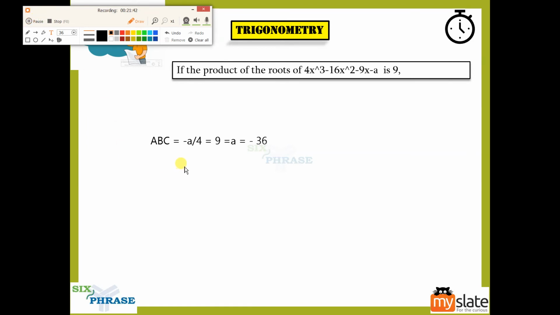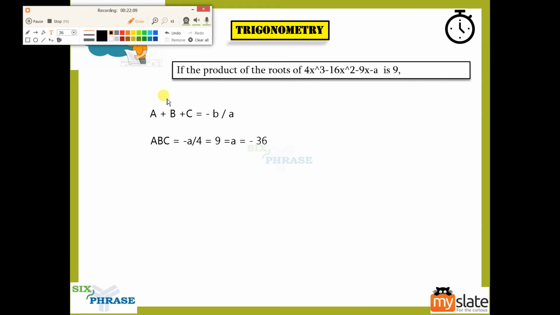There is a little change here, guys. Here, the formula I talked about, there is a little change. So sorry for this. If a plus b plus c, this is nothing but minus b by a. Okay, a plus b plus c is actually minus b by a.